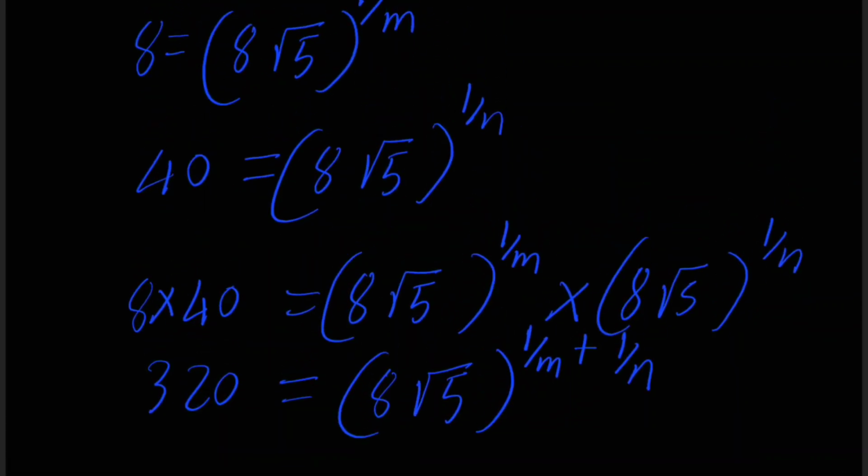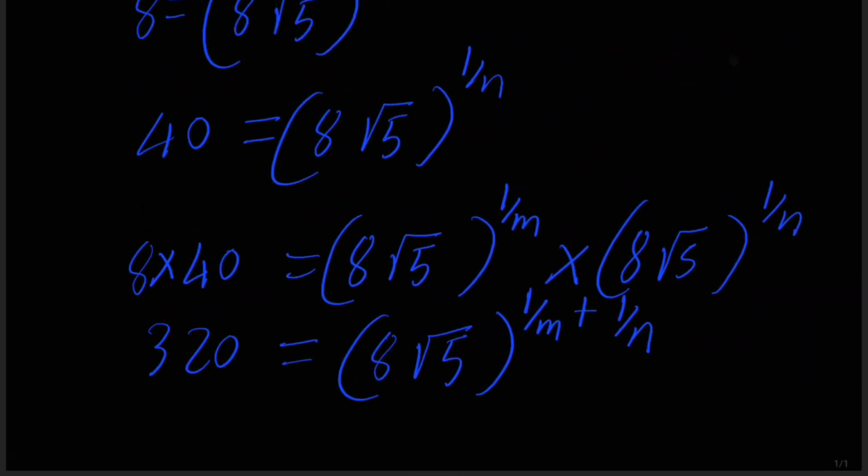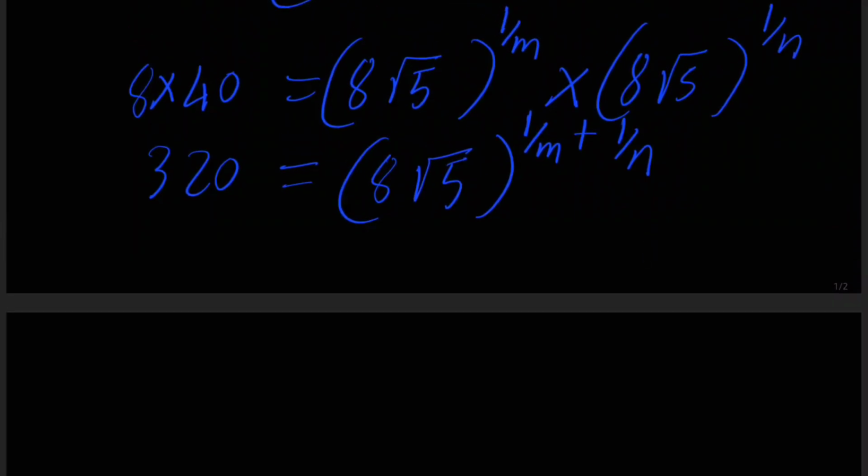Looking at it, we finally come to an answer where we have this power equal to this power. So we're going to look at the principle and see what we're going to do from here.